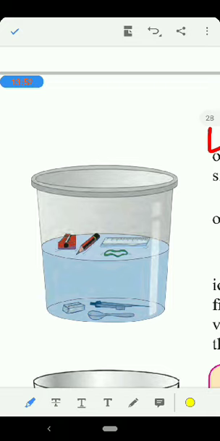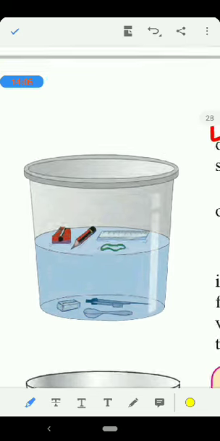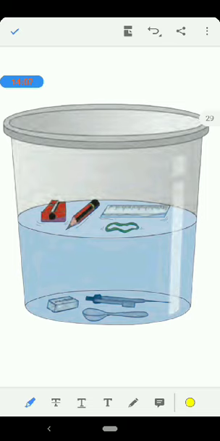Whether any substance will float or sink depends on its density compared to the density of water. If the density of the object is less than that of water, it will float, and if it is greater than that of water, it will sink. Remember this much only. If the density is lower than water, it will float. If it is greater, it is going to sink.